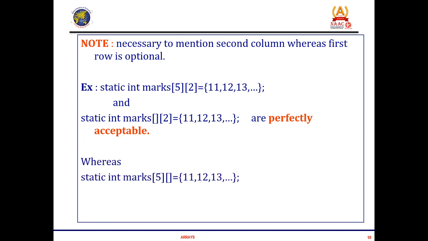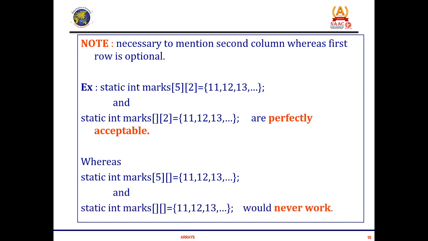On the other hand, if any one of you tries to do this, what? You skip the column dimension, right? You give the row dimension and skip the column dimension, or sometimes, out of a lethargic attitude, we end up skipping both the dimensions. So, either skipping the second dimension, that is the column, or skipping both the dimensions will never work. Your compiler will end up giving you a syntax error, right?